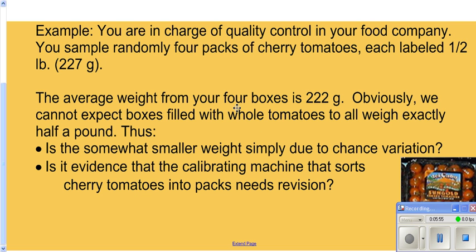Obviously, we cannot expect each one of our samples to end up measuring exactly 227 grams for our population because we're dealing with whole tomatoes. Now, we're at 222, which is definitely smaller. But are we smaller by chance variation, or does the machine packaging the tomatoes need to be recalibrated?